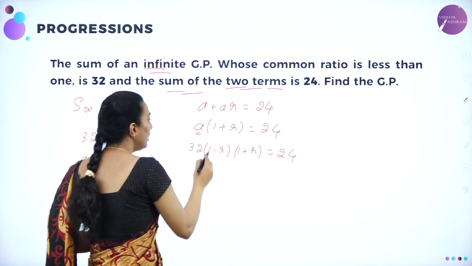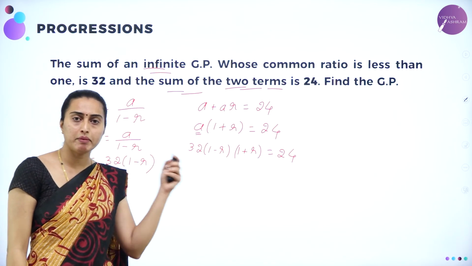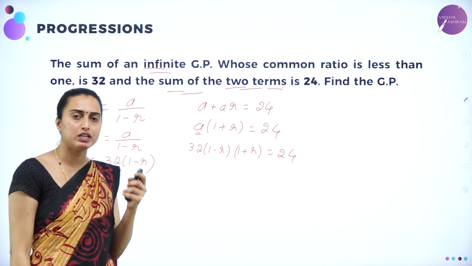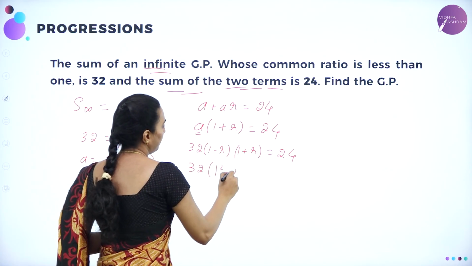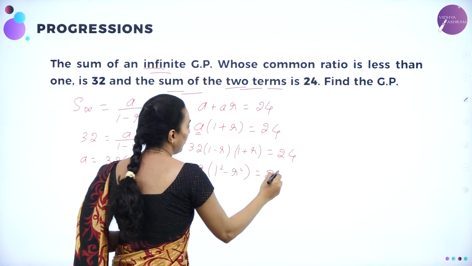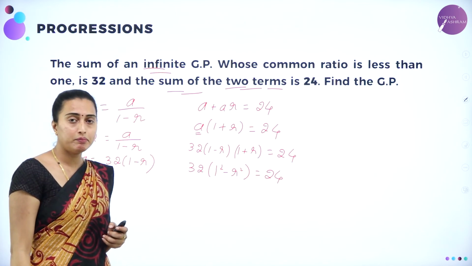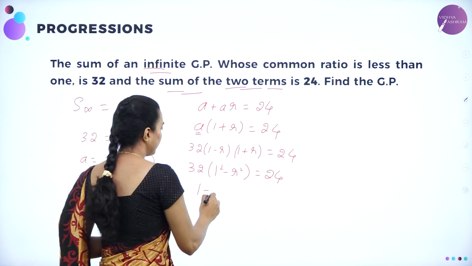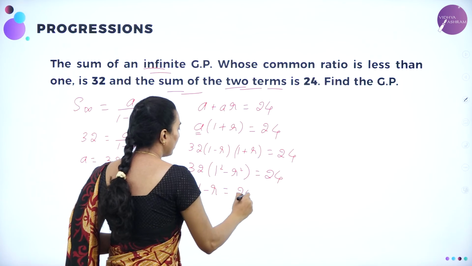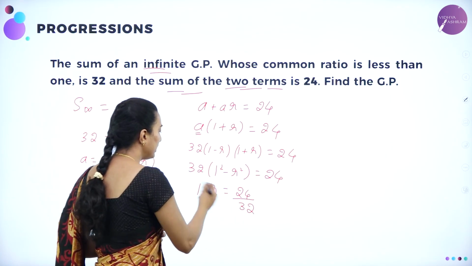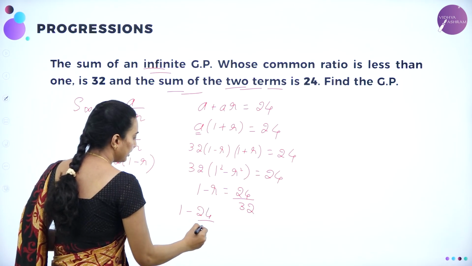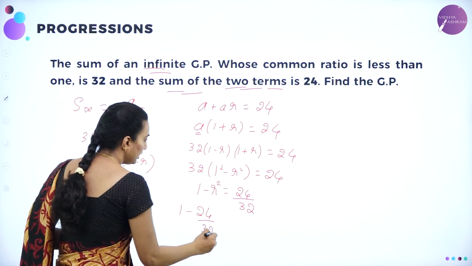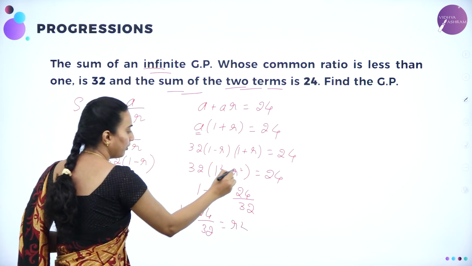Now, dear students, 1 minus R into 1 plus R is like A minus B into A plus B, which is A squared minus B squared. Therefore, 32 into 1 squared minus R squared gives you 24. Now, 1 squared minus R squared is equal to 24 divided by 32. Otherwise, 1 minus 24 divided by 32 is equal to R squared. I forgot to write R squared.